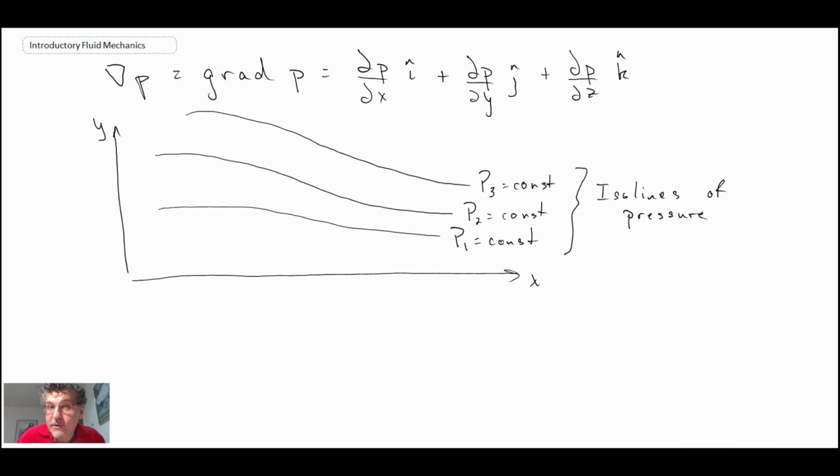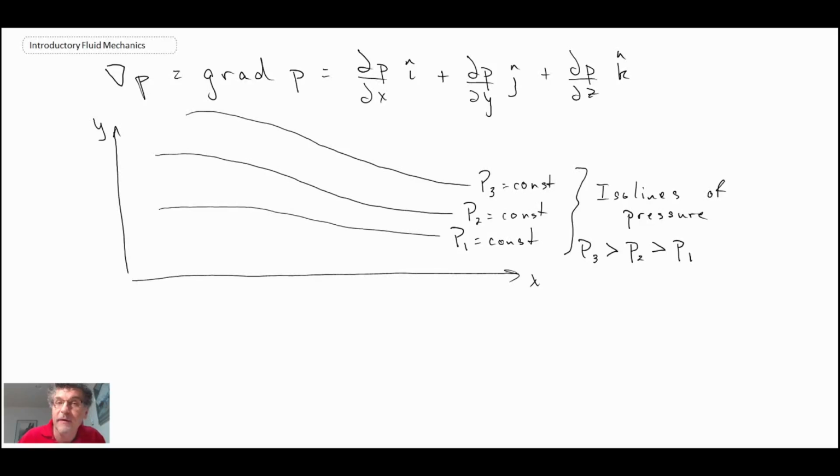If we're dealing with temperature, those would be isotherms. Theoretically, it should be isobar for constant pressure. And we're going to assume that P3 is greater than P2 is greater than P1. Also on here, we can sketch out what I'll call gradient lines.